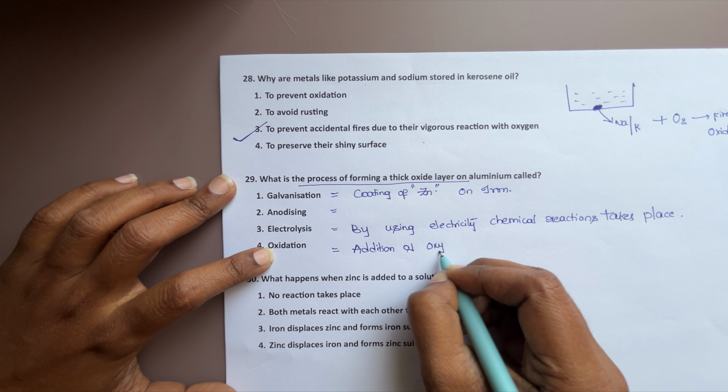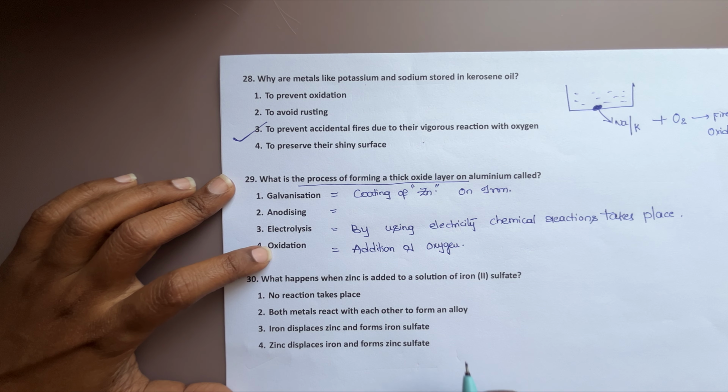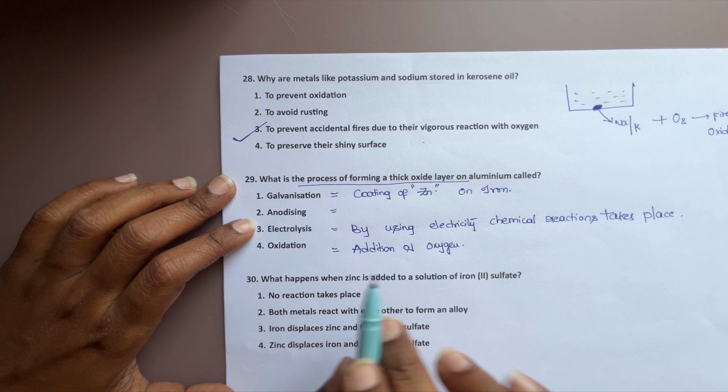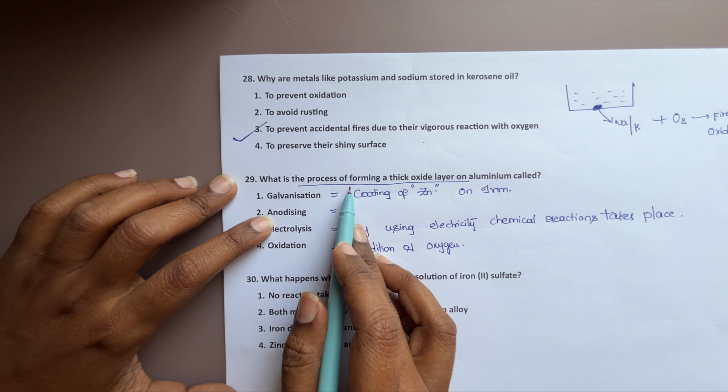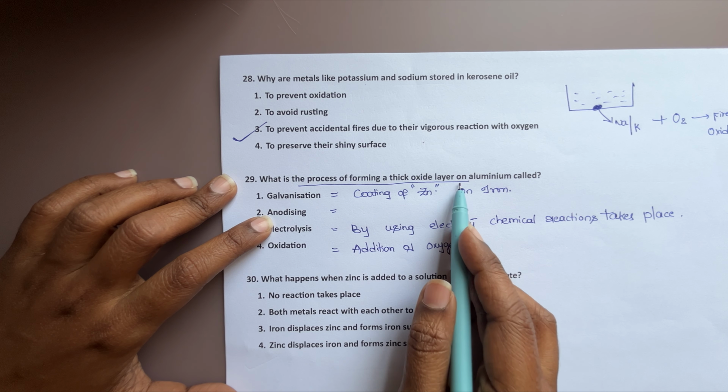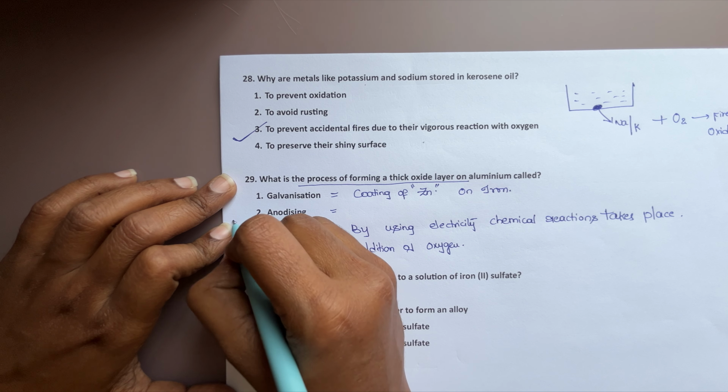Addition of oxygen. That is simply oxidation. So these are all not responsible for the oxide layer or film. Anodizing is the process forming a thick oxide layer on aluminum. This is the answer.